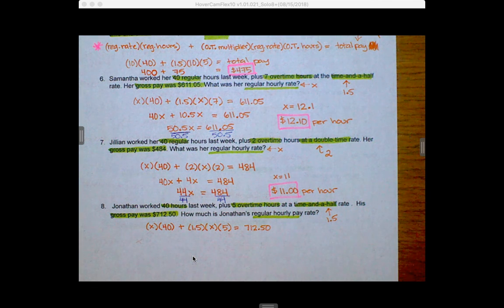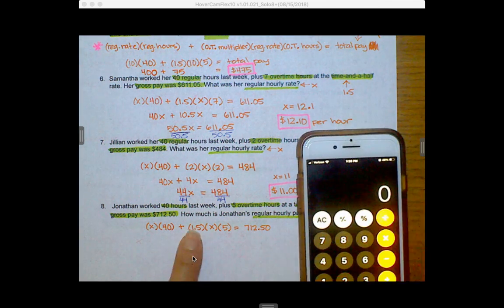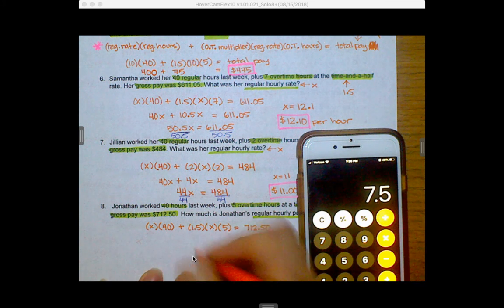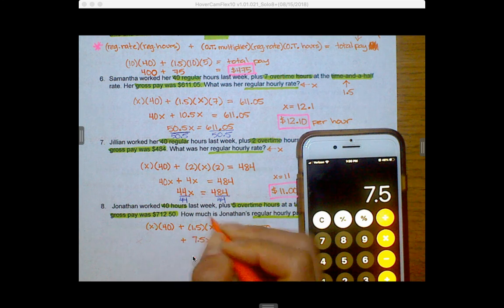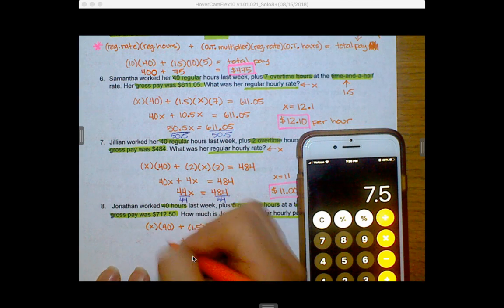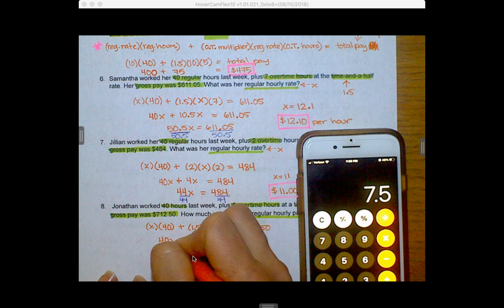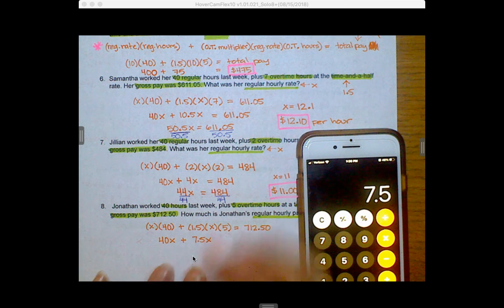All right. So now let's go ahead and start simplifying some things. So the first thing I can simplify is right here, 1.5 times 5. So that's giving me 7.5x. I can also change the order of this so it looks a little more friendly, 40x. Okay. Now I can go ahead and start combining my like terms.